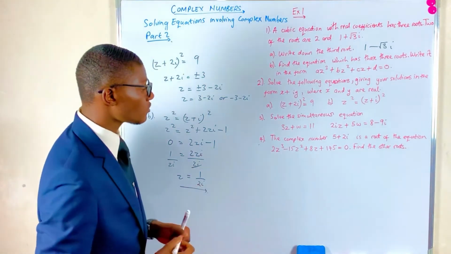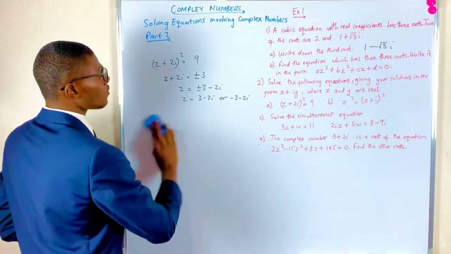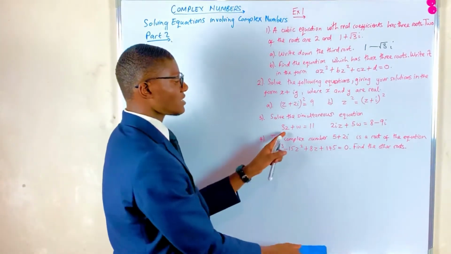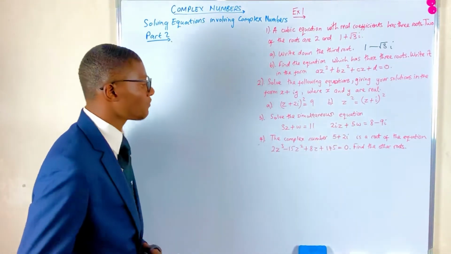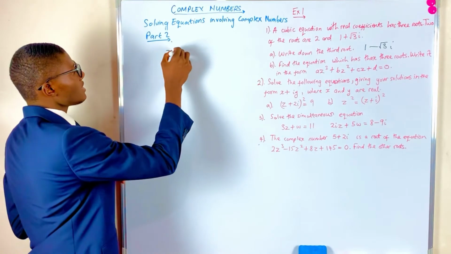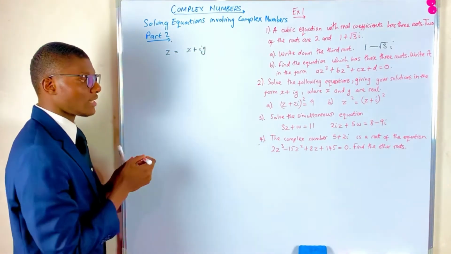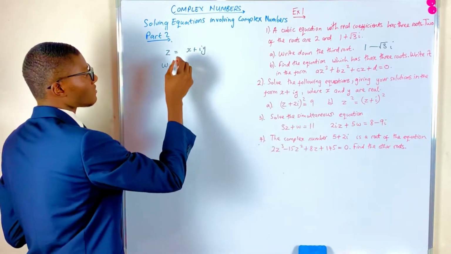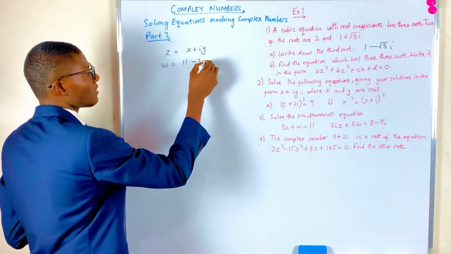So this is the solution for z that we get for part B. Then now moving on to number 3. Number 3 requires us to solve the simultaneous equations. Simultaneous equation 3z plus w is equal to 11, then that one as well. So here if we just say let z be equal to x plus iy, right? Then w, here we make w subject of the formula, it will be 11 minus 3z, right?